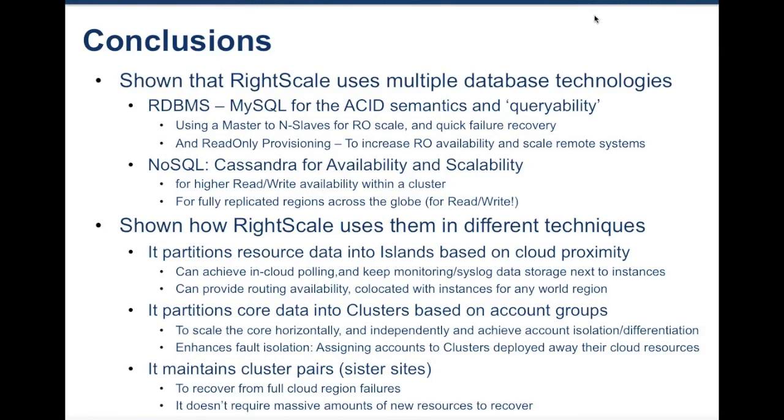So one question says, within a cluster for accounts, are there more than one instance of Cassandra and MySQL, or a single one? For example, data X goes into Cassandra instance A, and data Y goes into Cassandra instance B. Definitely. There are many Cassandra rings within the single cluster.